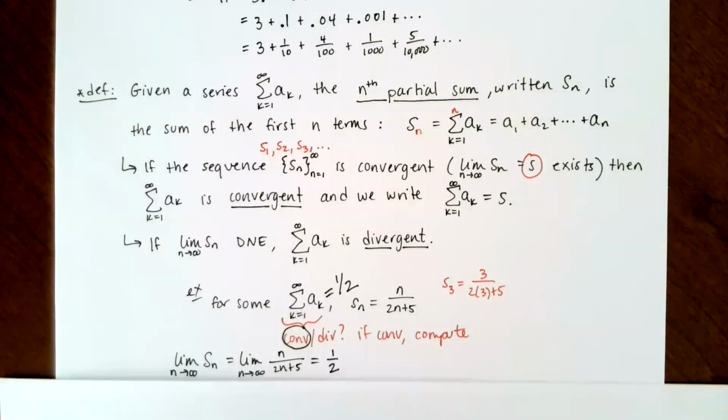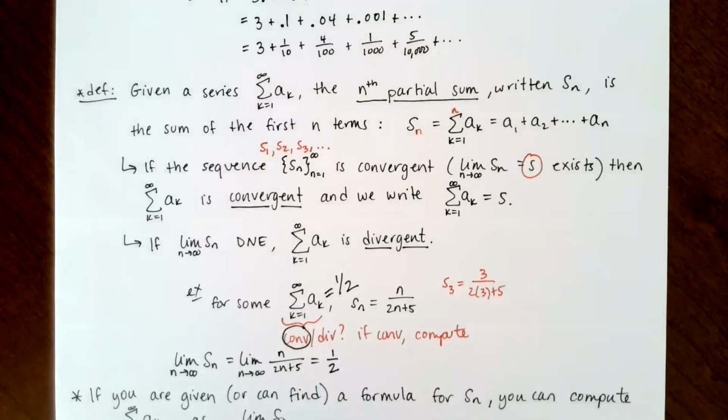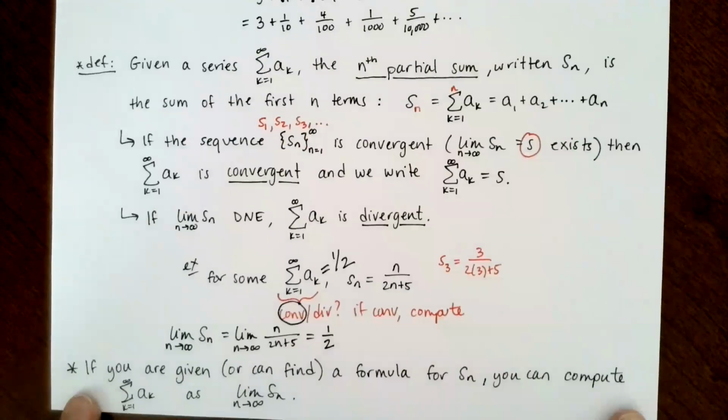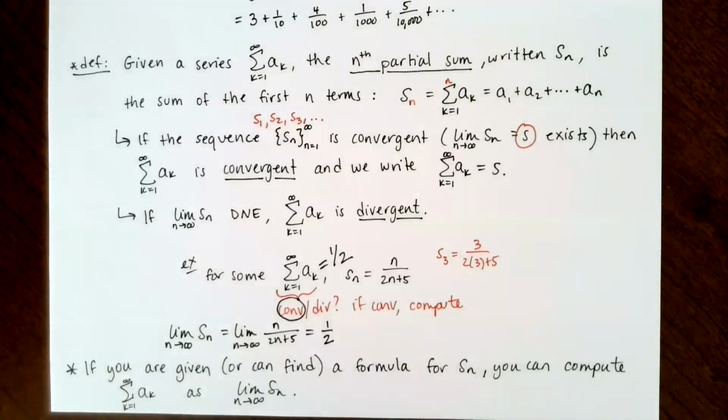So this first page of the notes here ends with a comment, kind of just a takeaway from this definition. If you're given or can find a formula for the partial sums, you can compute your series or determine if it's convergent or divergent, as well as the limit of those partial sums formulas.